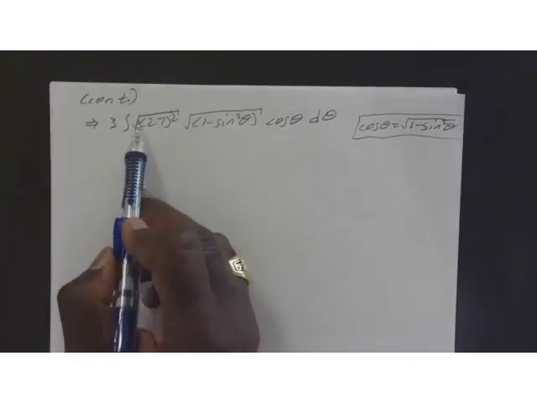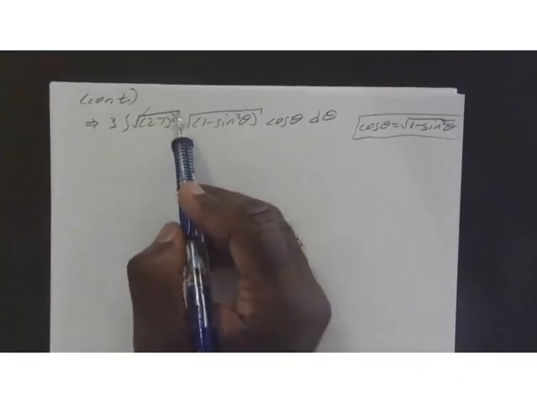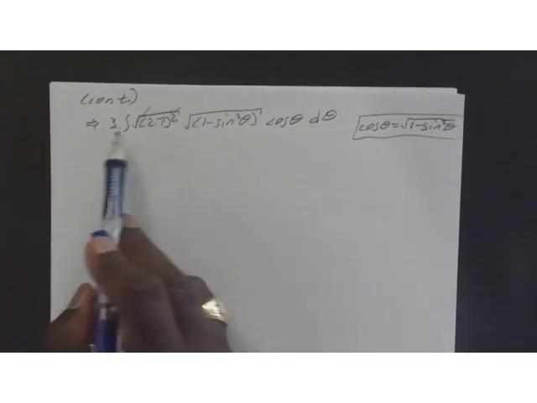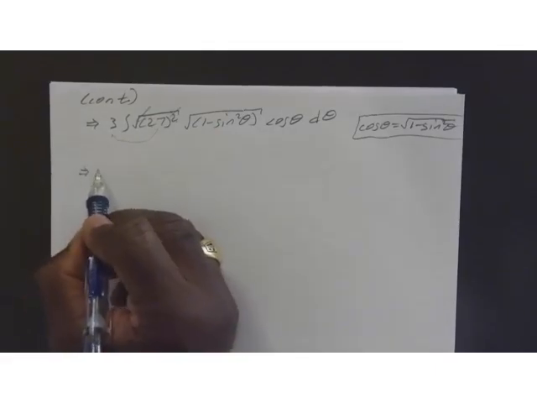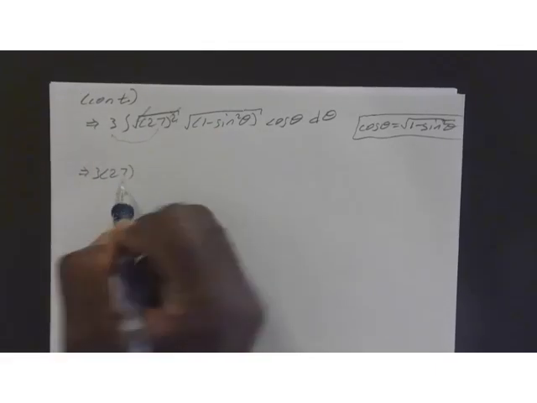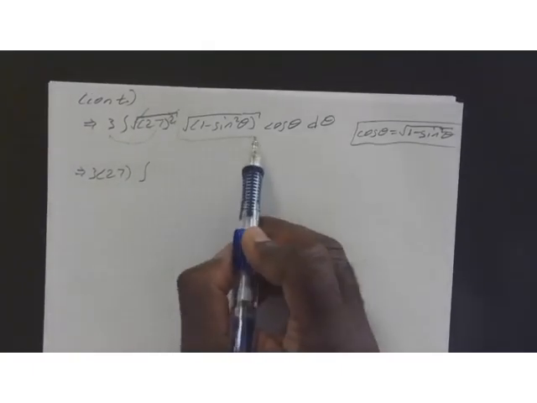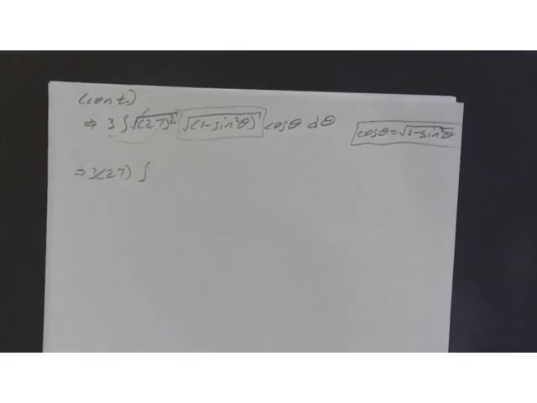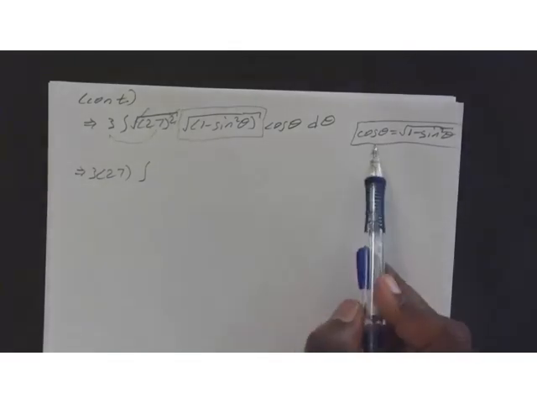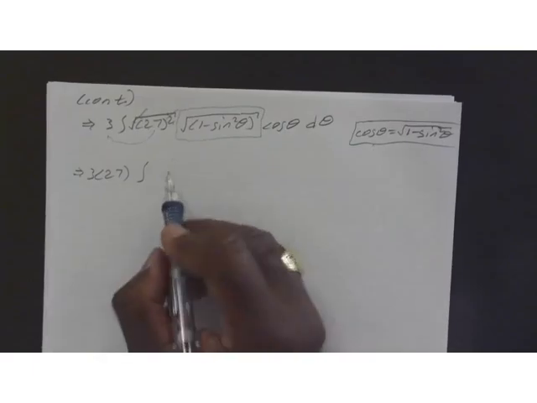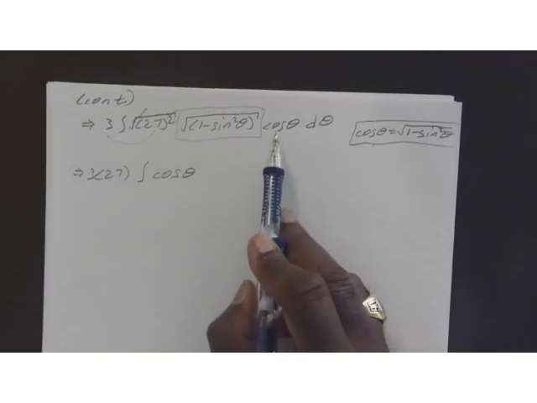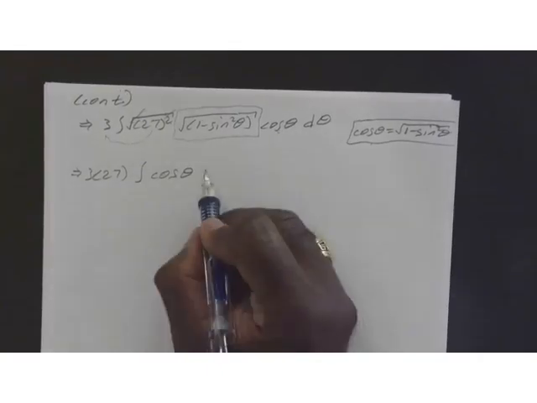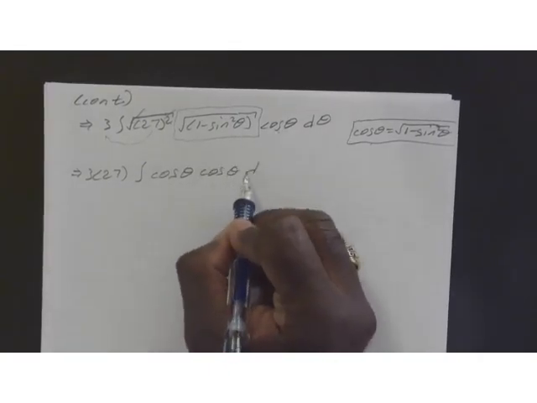Okay, so we know that the square and the square root will cancel each other out. So that just leaves 3 times 27, that 27 you can factor out. So 3 times 27 times the integral, and that square root of 1 minus sine squared of theta, we can replace with cosine. The integral of cosine of theta times that cosine of theta that's already there with respect to theta.